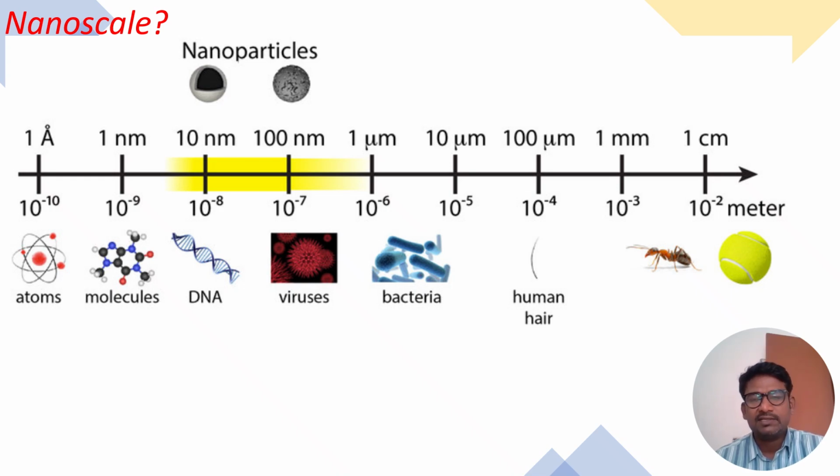So this slide gives you an overview with an example displaying the size of the stuffs. I hope you understand how atoms are in angstrom range while the small ant is in mm range.